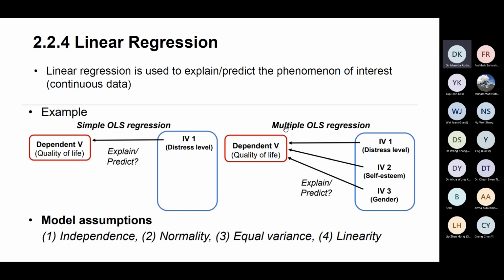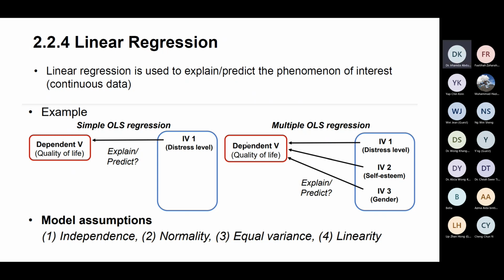And then we also have multiple regression here, where we can see that distress level influences quality of life, esteem level influences quality of life, and gender influences quality of life. So if you have only one factor, we have simple linear regression.